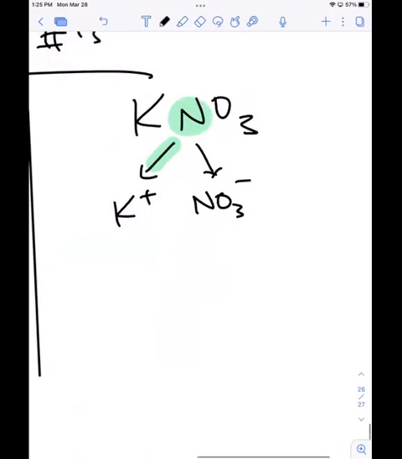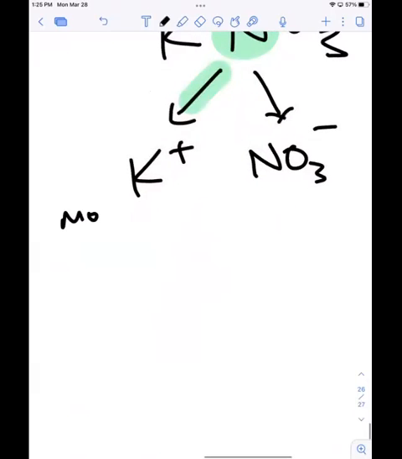So K, we know that potassium is +1. It's a monatomic ion. We know that this is a salt because the potassium is a metal. The nitrate is a non-metal polyatomic. So potassium is in group 1, so it's going to have a +1 charge. So we know that this is a monatomic with a +1 oxidation number.